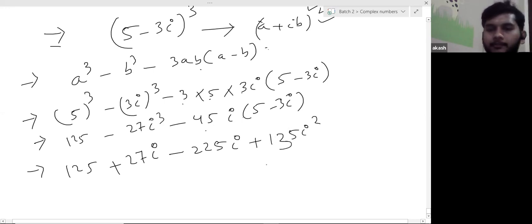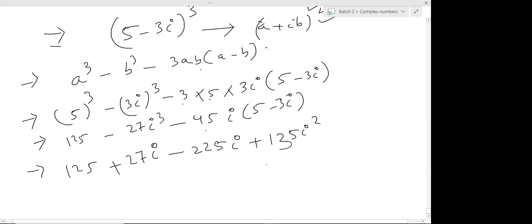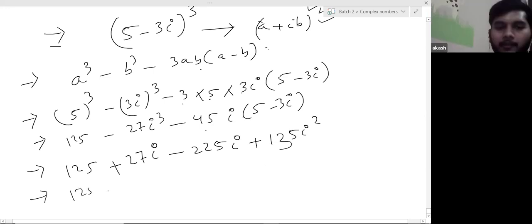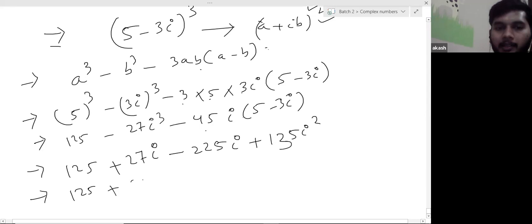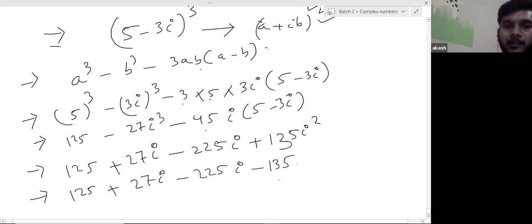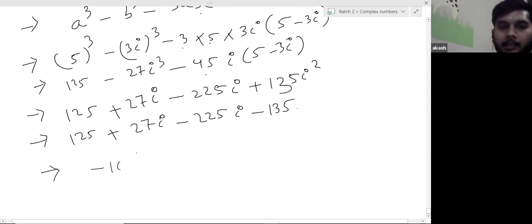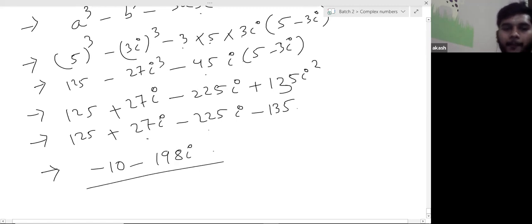So we have 125, 27i, minus 225i, minus 135. So we have minus 10, and please calculate this. If you do minus 30, then we'll have 95 and minus 98. Okay, this is your answer, I guess.